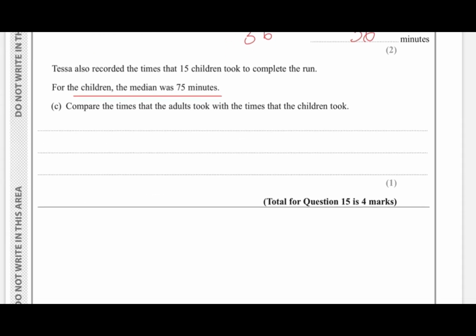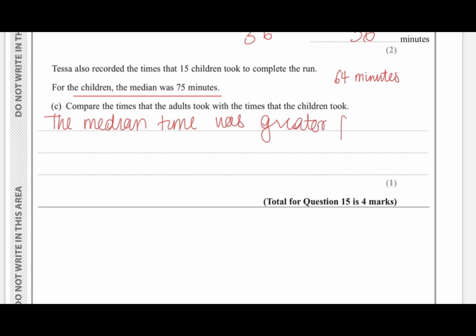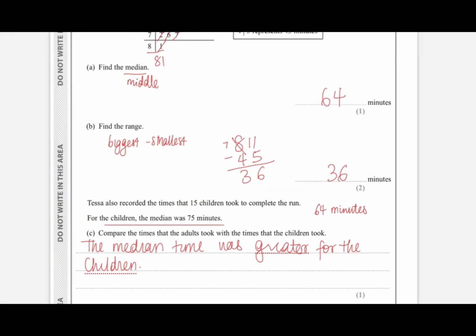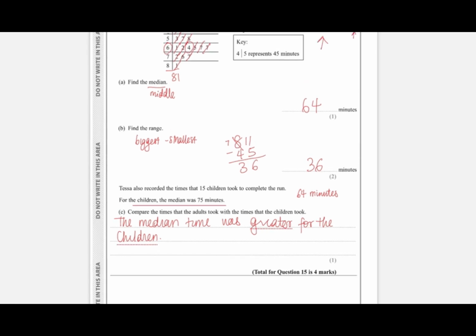So the median time was greater for the children, as 75 is greater than 64. So you could just say the median time was greater for the children. And that is how to get 4 marks on the GCSE Maths Foundation Paper 1 paper.